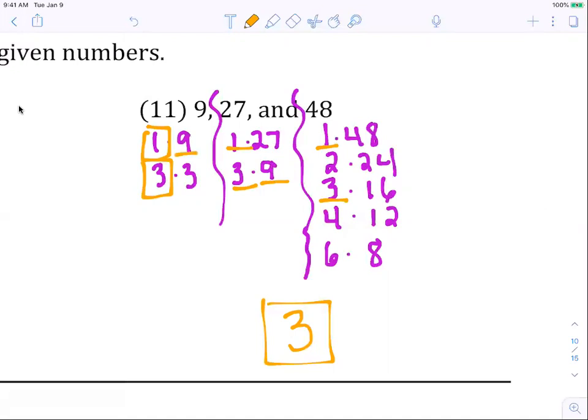It's not enough to just show up in 2. It has to show up in all 3 of the lists. Since there's no 9 in the 3rd list, 9 is not going to be a factor. The only numbers that show up in all 3 lists are 1 and 3, and we have to choose the largest.